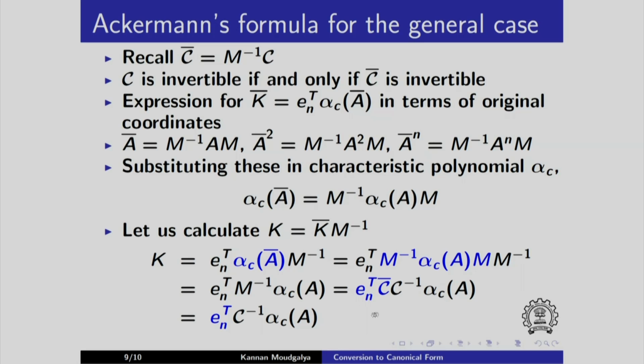I have not shown this, but it is easy for you to verify this. So I get this expression for K in terms of this script C. So this is the utility of the Ackermann's formula, that we can get an explicit formula also for the general case.